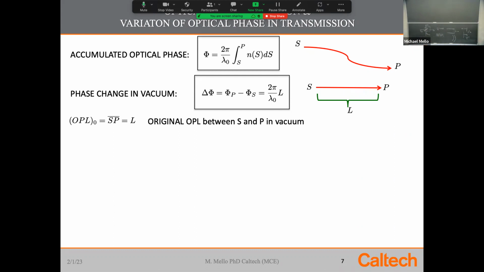But in the real world, this cube beam splitter has one index, n equals 1.52 maybe. It's isotropic. So optical phase is nothing but 2 pi over lambda naught, where lambda naught is the wavelength of the laser light.